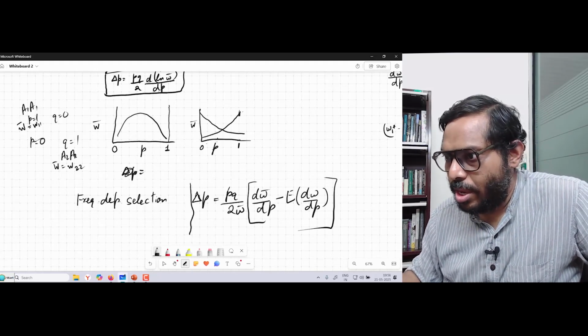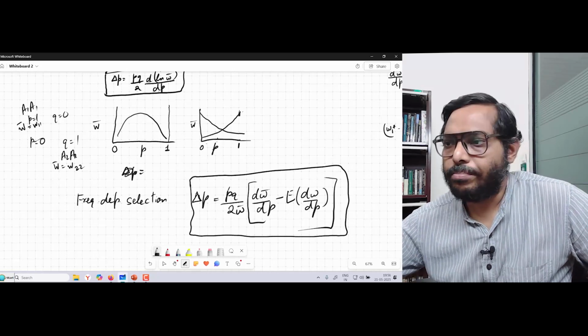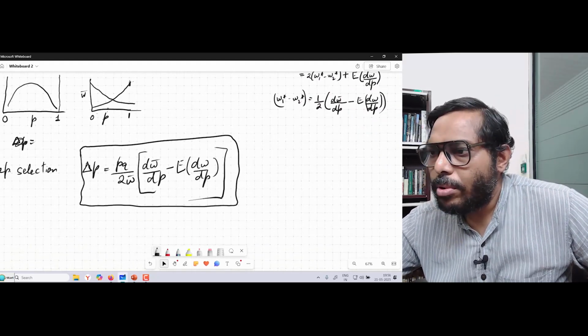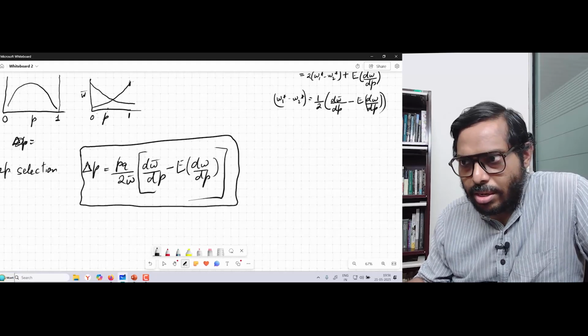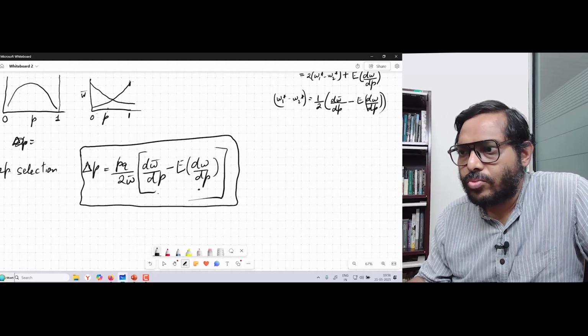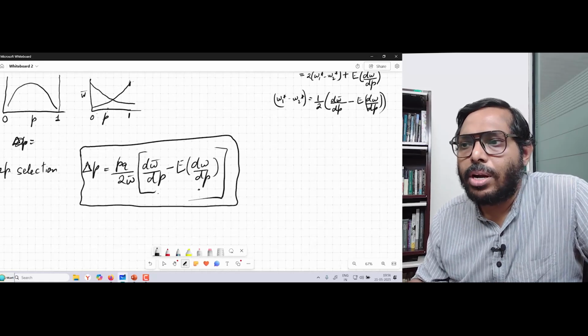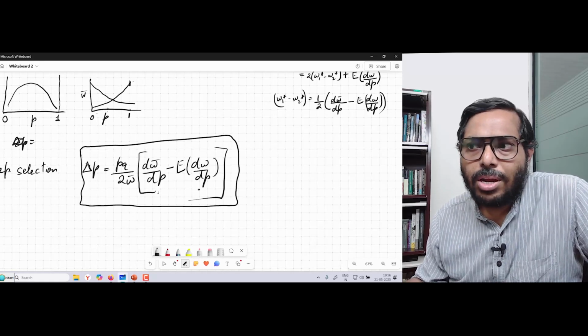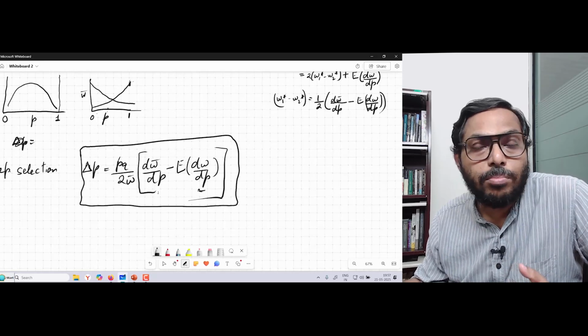Now here comes the first big major problem. The problem is that it's not at all clear that these 2 terms will go to 0 at the same point. In other words, when dW bar dP goes to 0, it's absolutely not certain that dW dP should also go to 0.